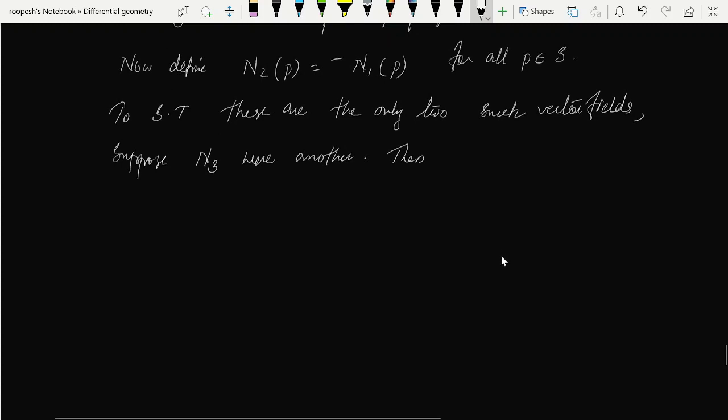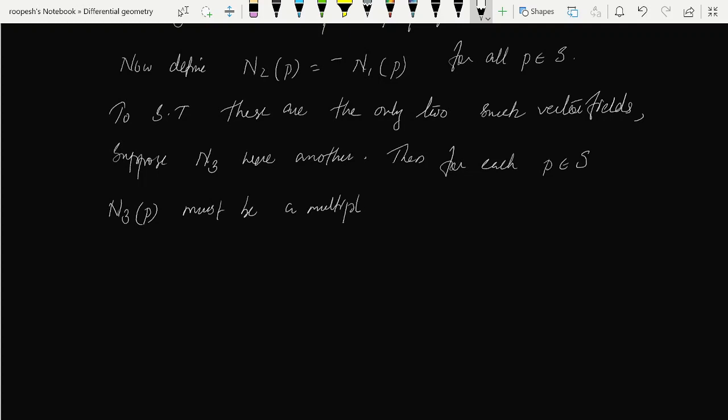Then for each p belongs to S, n3 of p must be a multiple of n1 of p.